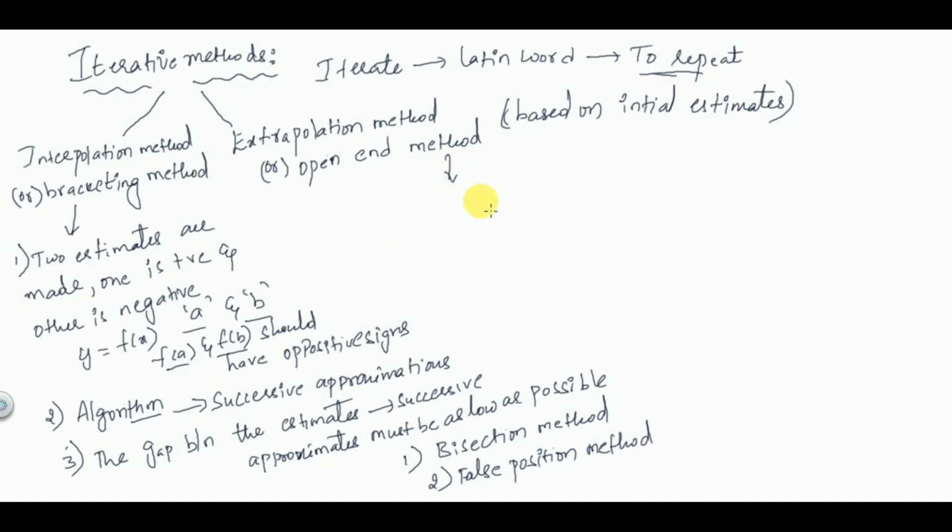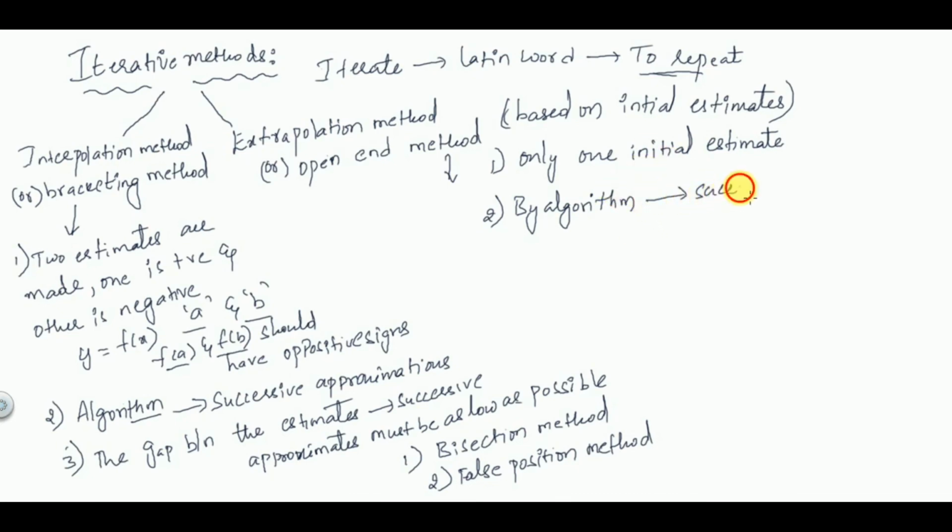In the extrapolation method, first of all, we are going to take only one initial estimate. Second, by using the algorithm, that is the methodology of the corresponding method, we are going to find the successive approximations. Then the question is when this iteration should stop.